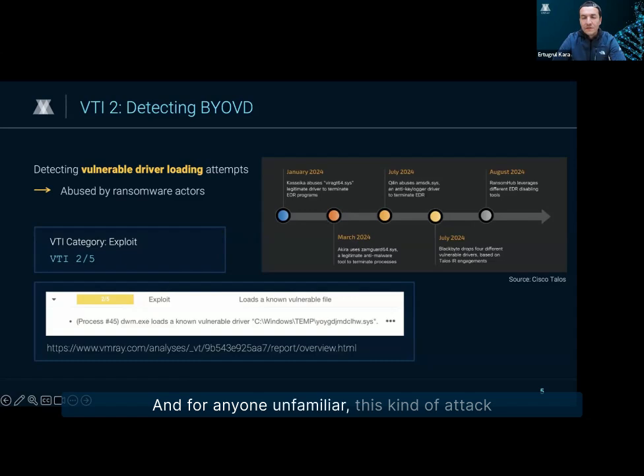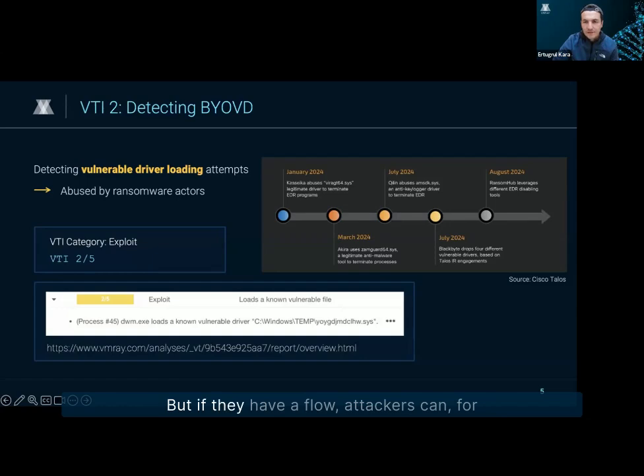For anyone unfamiliar, this kind of attack is when attackers take a legitimate driver with known vulnerabilities and use it to gain deep control over a system. And since drivers run inside the kernel, that's dangerous. The real trick here is that these drivers are signed by trusted vendors, and that means they are already verified as safe.